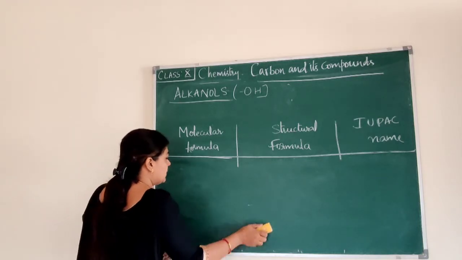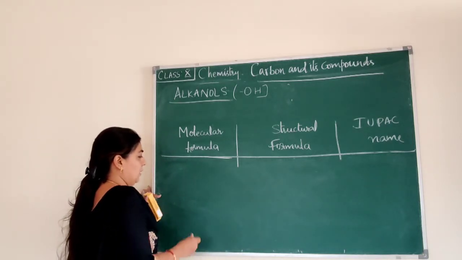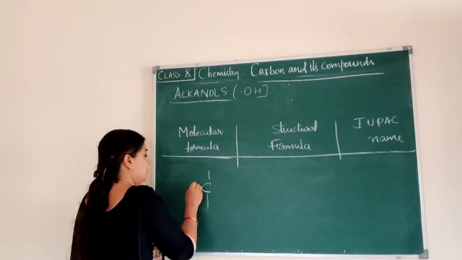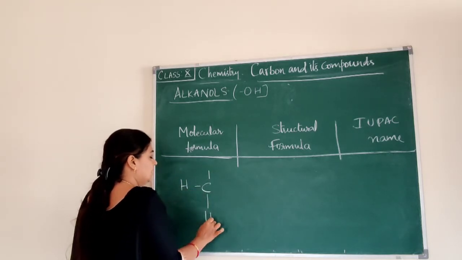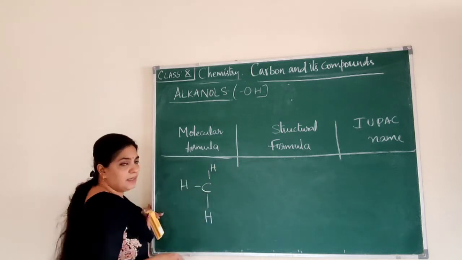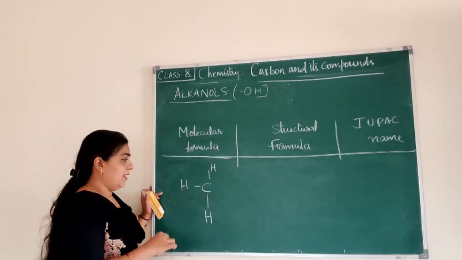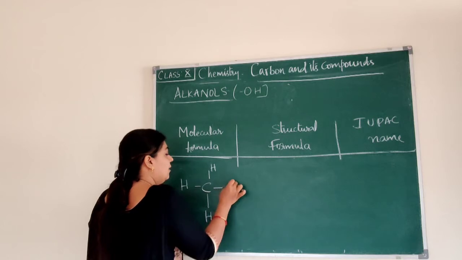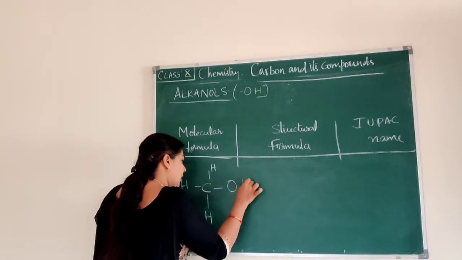So let us start with methane only. When only 3 hydrogens are there, then it is methyl, right? So this is methyl. For that I am adding OH.